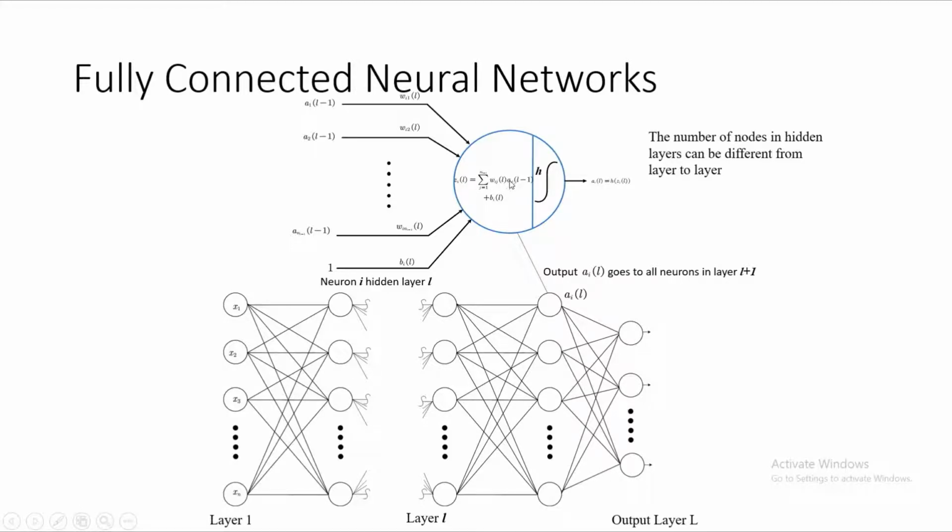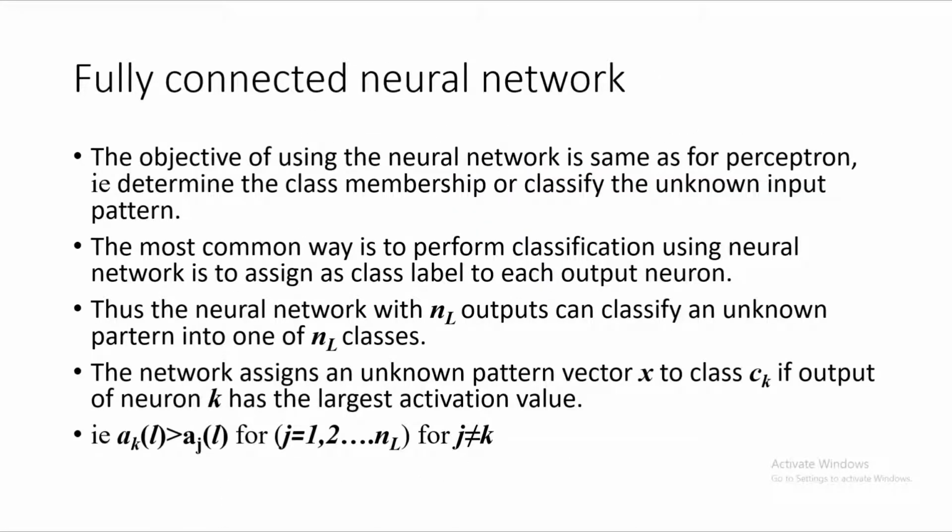As we have seen, the objective of using a neural network is the same as a perceptron, that is, we determine the class of membership or classify the unknown input patterns.